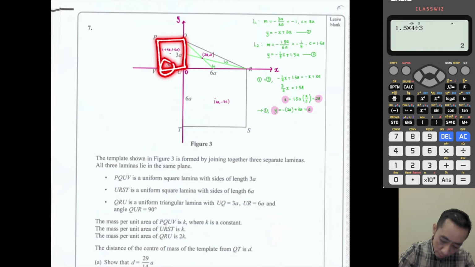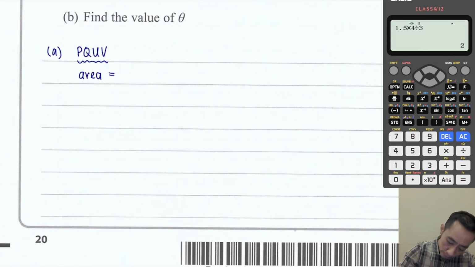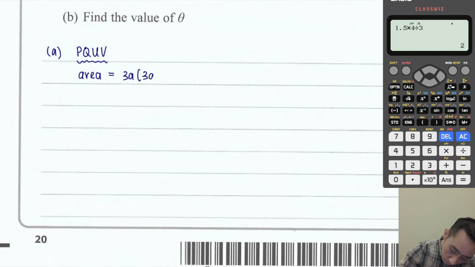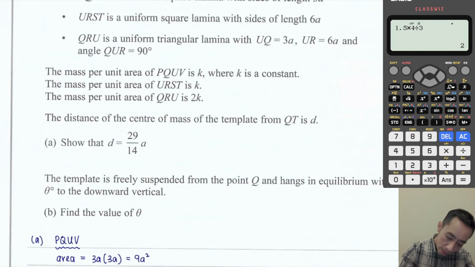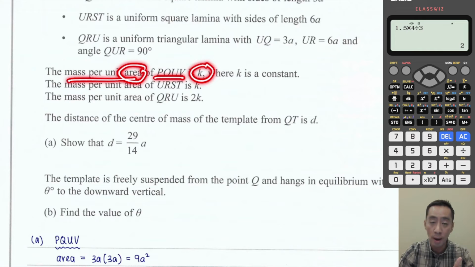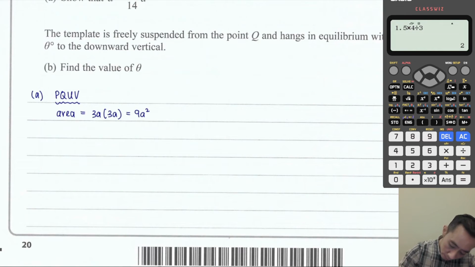It's a square with sides 3a, 3a, which means the area is 3a times 3a, which is 9a squared. We are told that the mass per unit area of PQUV is k, which means 1 unit square is k. So we have 9a squared, so the mass is equal to 9a squared times k.